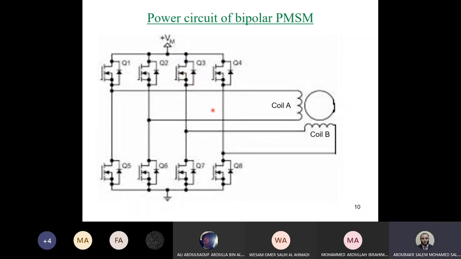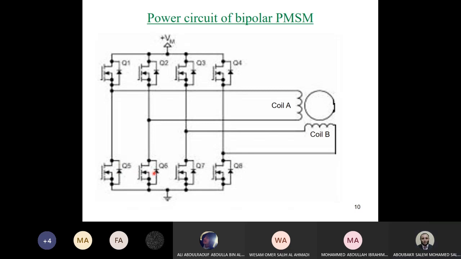For the bipolar permanent magnet stepper motor, we need the following circuit in order to reverse the current at each coil. As you can see, for coil number A, we have Q1, Q2, Q5, and Q6.